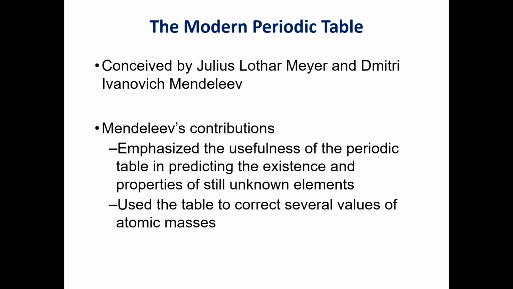He emphasized the use of putting these elements into groups based on their properties, and by doing that, he was actually able to predict the existence of elements that we didn't know existed yet. And he was also able to use this table to correct some of the values of atomic masses.